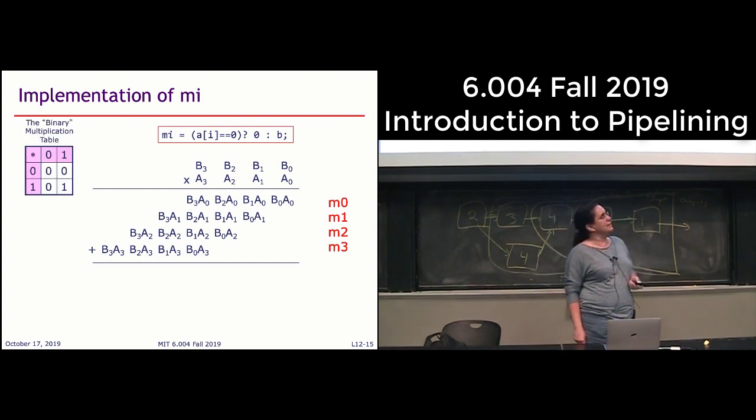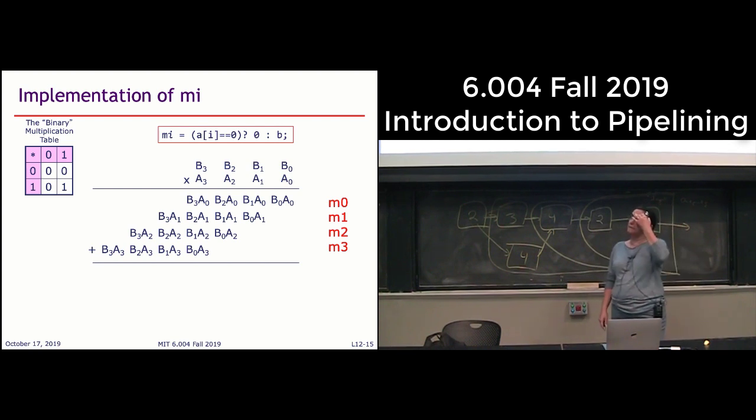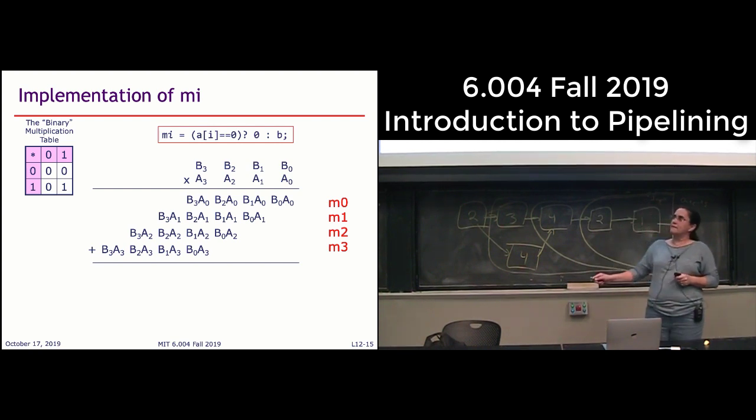So if we take a look here at this binary multiplication table, what do we see? Well, we see that if the top corresponds to A and the rows correspond to B, well, as long as A is 0, then it doesn't matter what B is, our output's going to be 0.